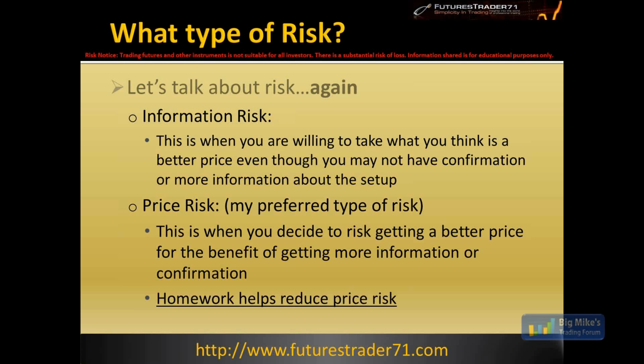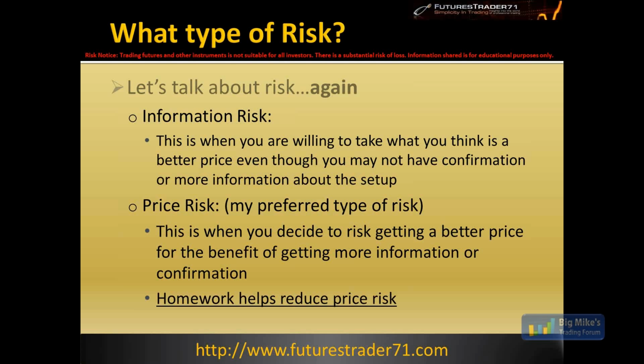So the two types of risk there are information risk and price risk. Okay, I actually got the slide wrong. When you take information risk, essentially what you're saying is you are willing to forego better information for a better price.